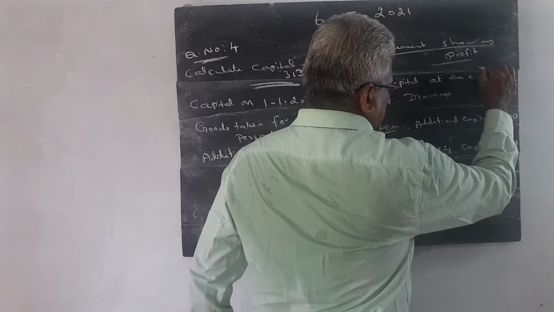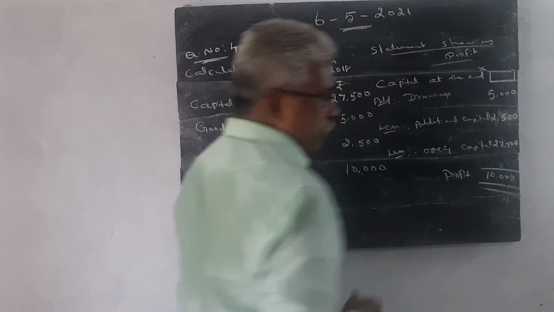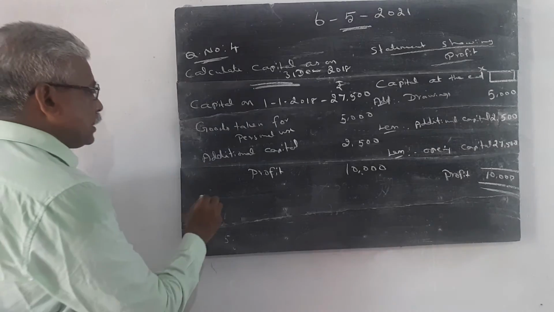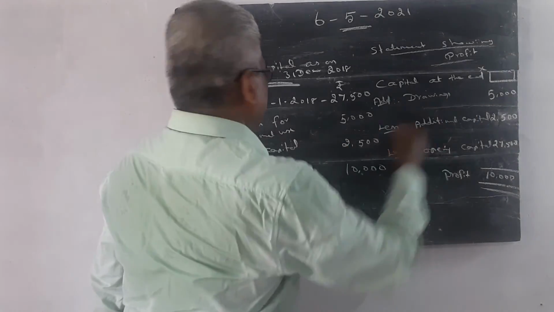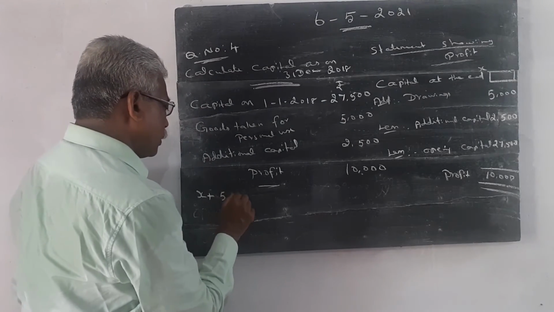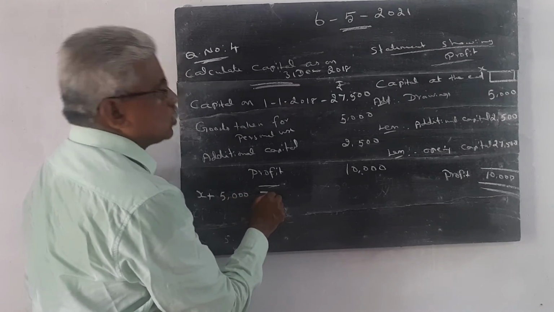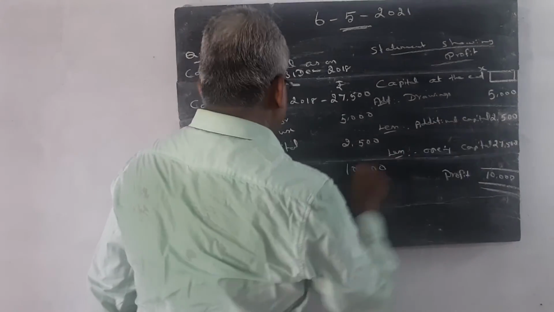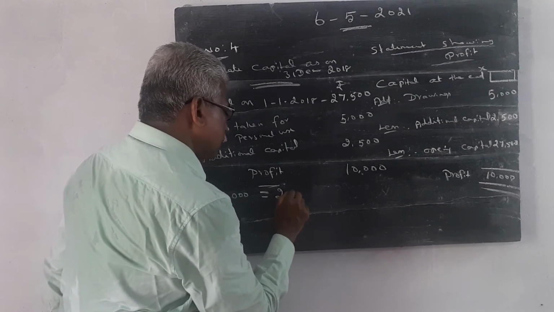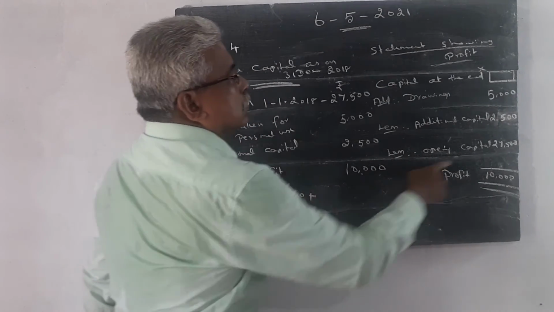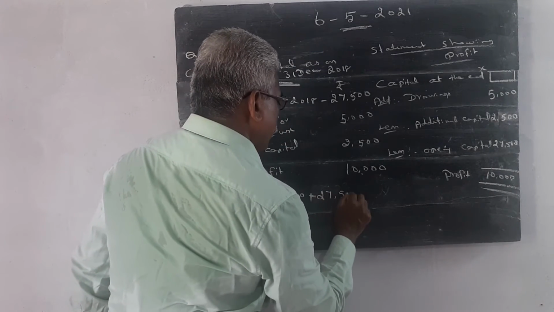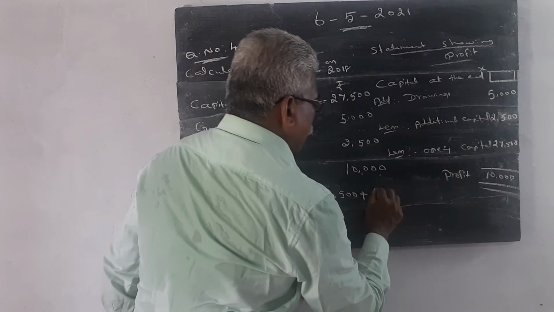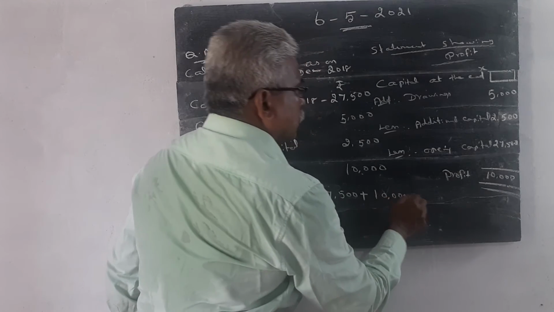Here we write X. We have to calculate the value of X. X plus 5,000 is equal to 2,500 plus 27,500 plus 10,000, the profit.